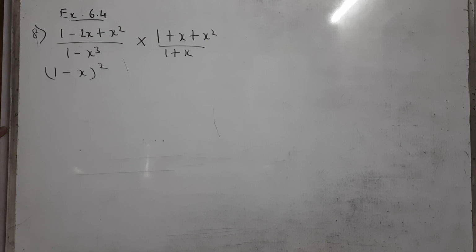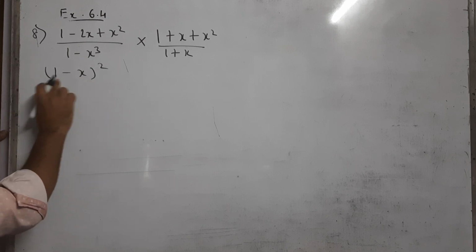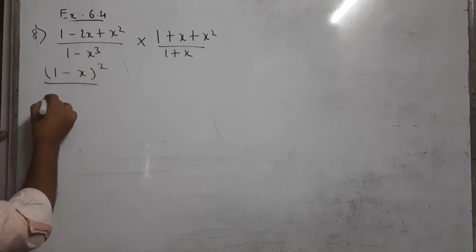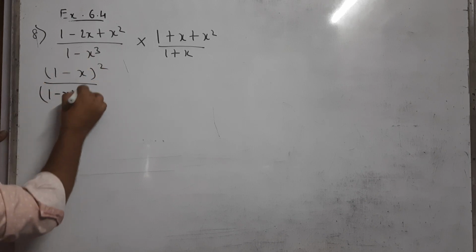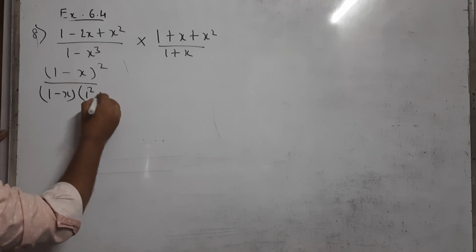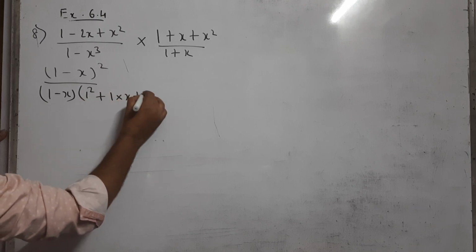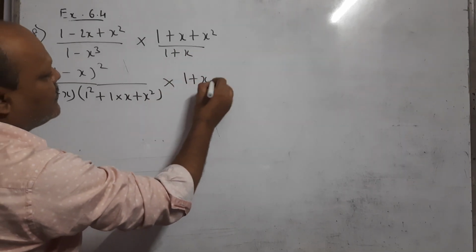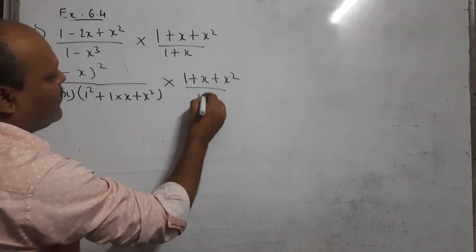Again I repeat, the a minus b whole square formula is a square minus 2ab plus b square. That means when we apply this formula, we will get the same thing. Here this is my a and this is my b. When we apply here a minus b, a square plus a into b plus b square. This term as it is 1 plus x square, and here 1 plus x.